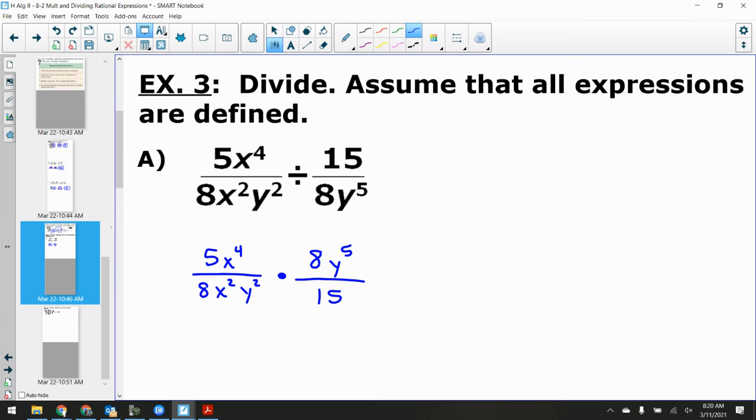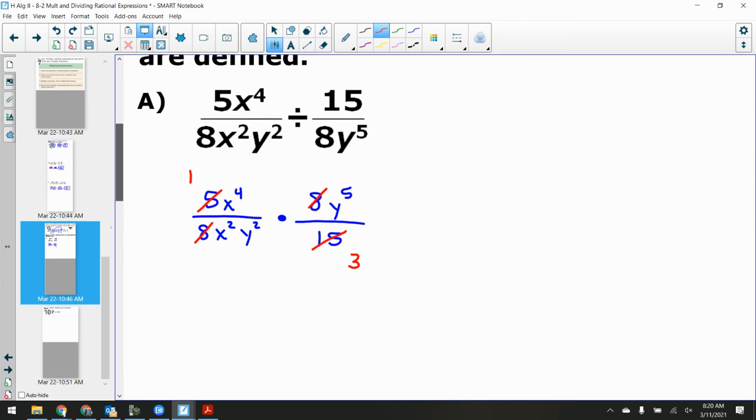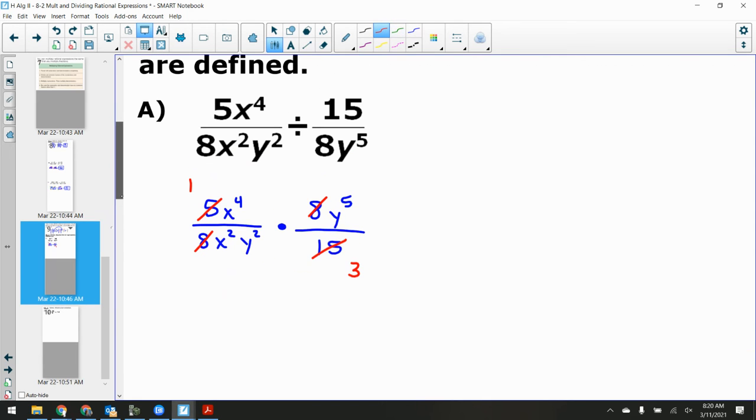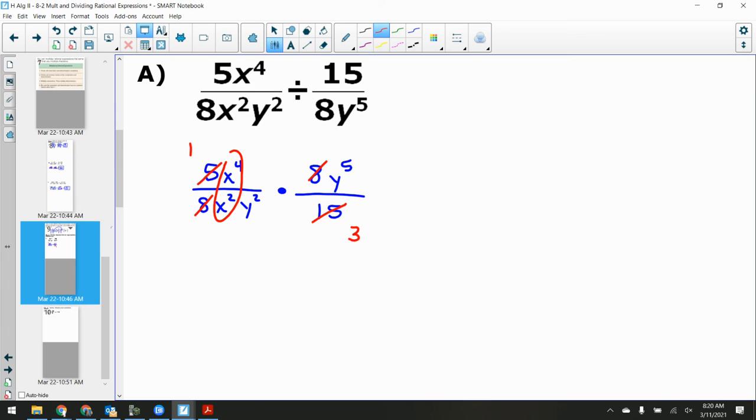Now let's simplify. Now let's figure out what can cancel. Because now I can see, oh good, 8s are going to cancel. 5 and the 15 is going to become a 1 over 3. And I see my x's here will turn into an x squared in the numerator.